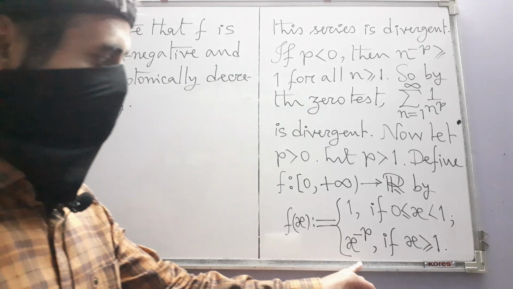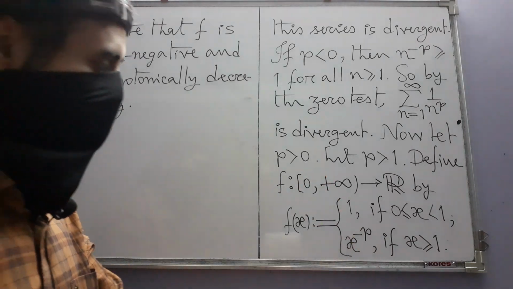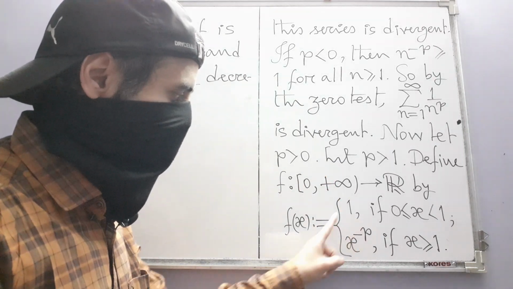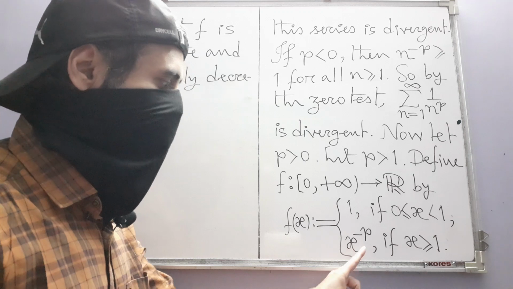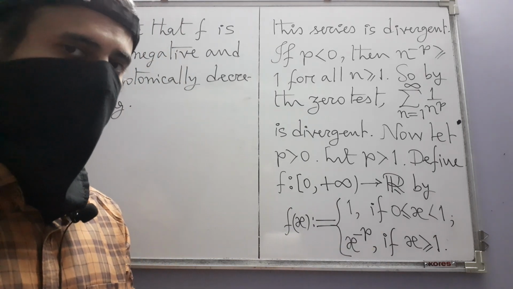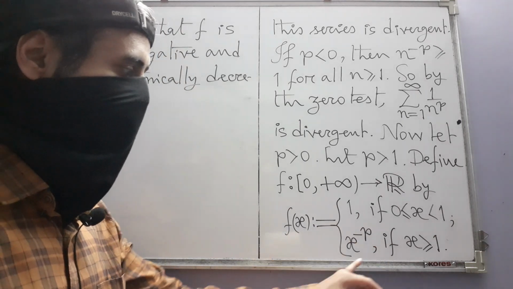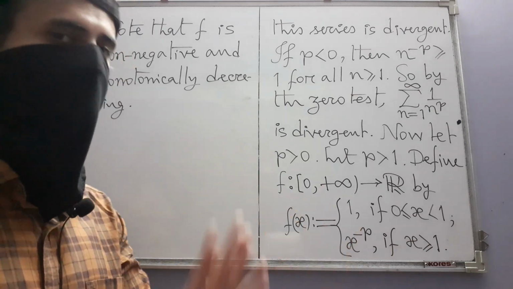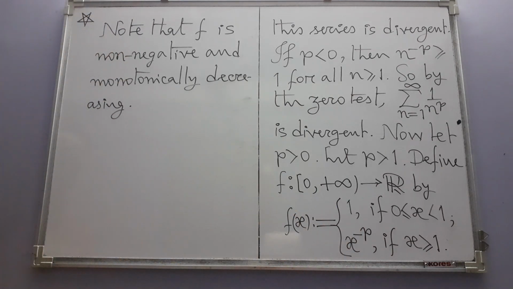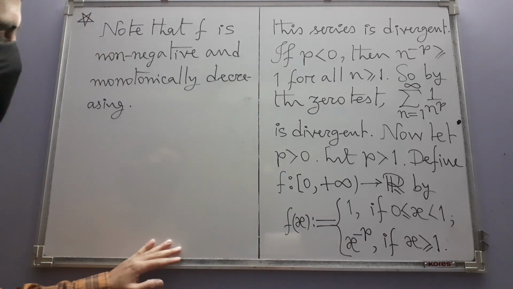Why do we say so? That's because 1 of course is positive, and any such power of a positive real number is also, from the theory of exponents, always positive. So that's why the outputs are positive.